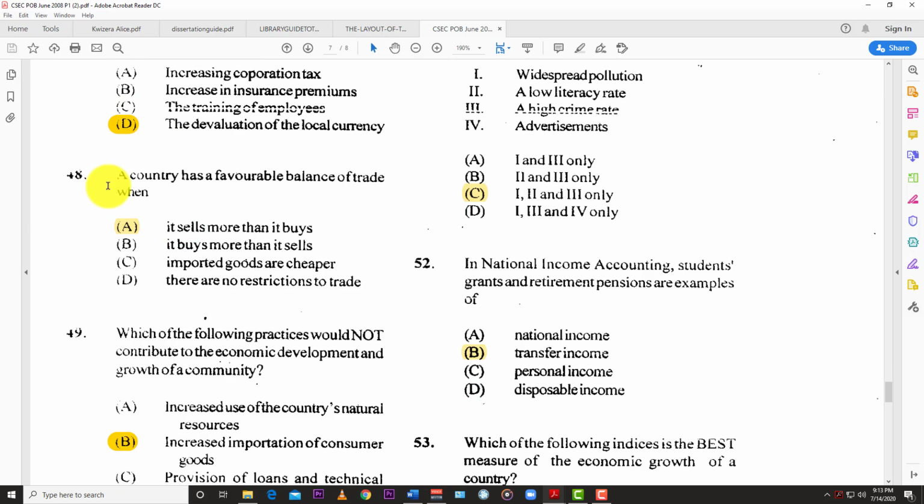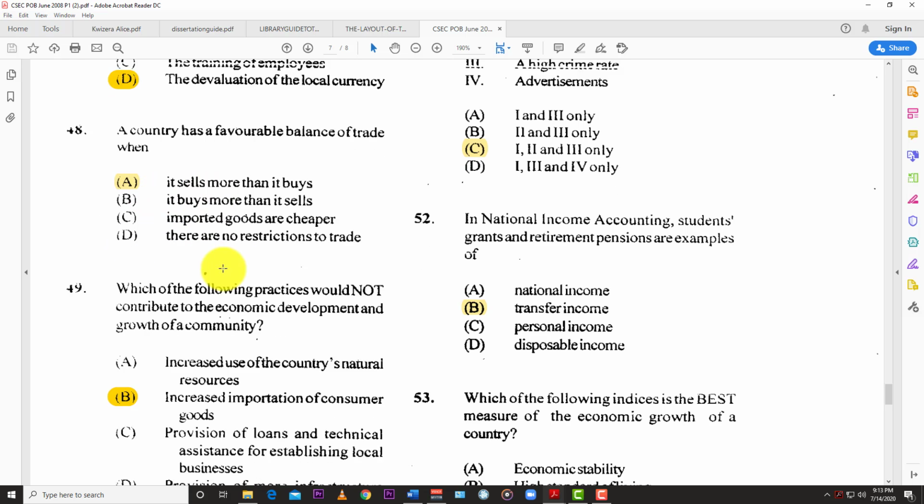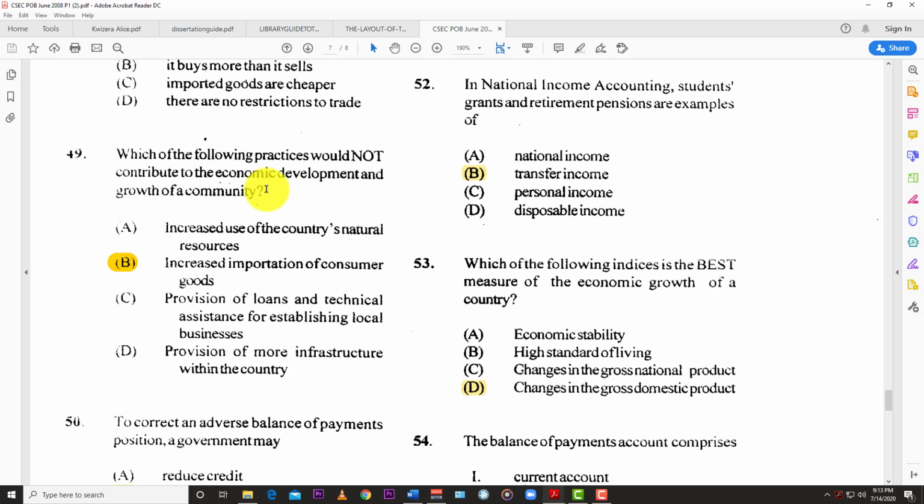48, a country has a favorable balance of payment when A, it sells more than it buys. 49, which of the following practices would not contribute to the economic development and growth of a community? And so the best answer here is B, increase importation of consumer goods.